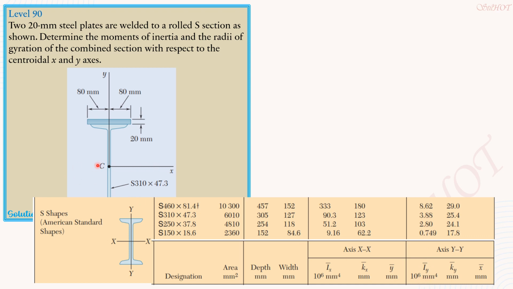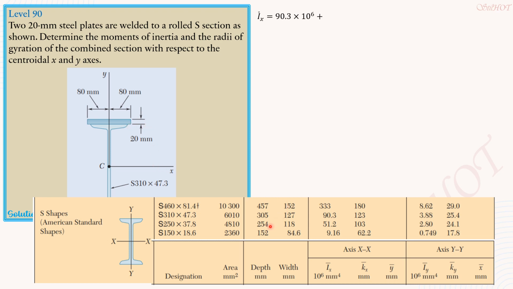So for Ix, it is just Ix of the section, which is 90.3 times 10 to the 6. Then for these rectangular plates, we have to transfer it to the x-axis. So we need the distance of the centroid. So I bar x equals 90.3 times 10 to the 6 for the S shape. Then for the two rectangular plates, it is 2 times 160 times 20 cube over 12 plus area 160 times 20, distance half of depth plus half of 20.